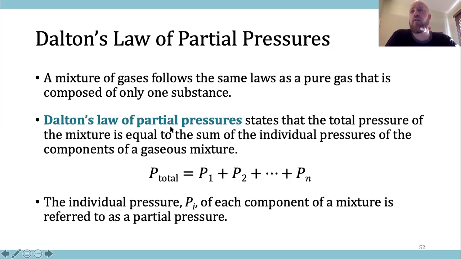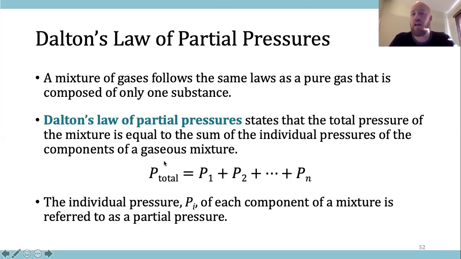Another example that I'll often refer to is your tires. When you put air in your tire, you have a contained system that has nitrogen, oxygen, and a little carbon dioxide in it, and so the pressure in your tire is your total pressure. When you put the pressure gauge on your tire, you're measuring the total pressure.